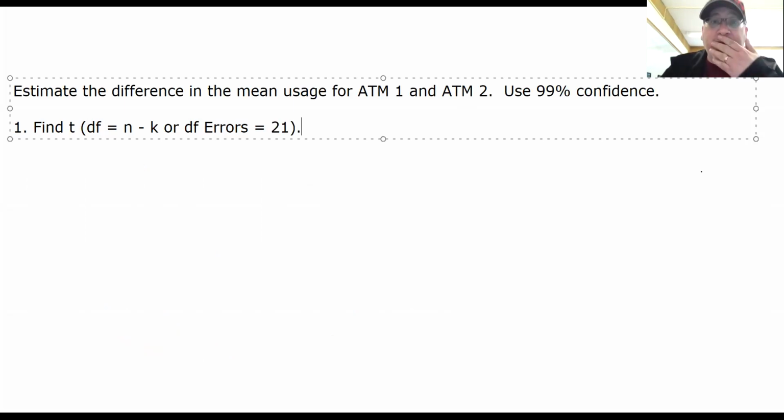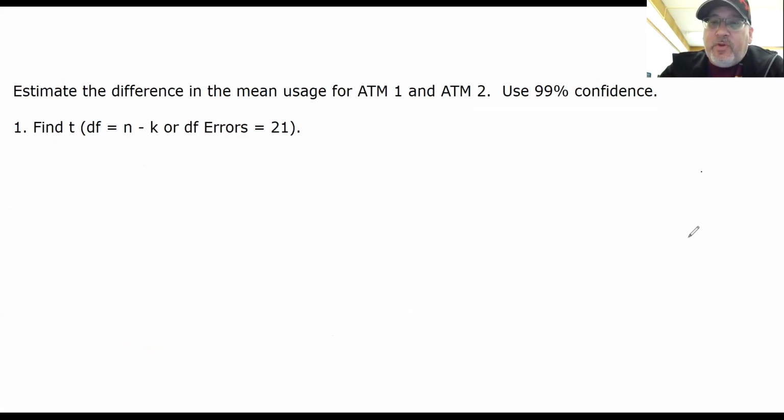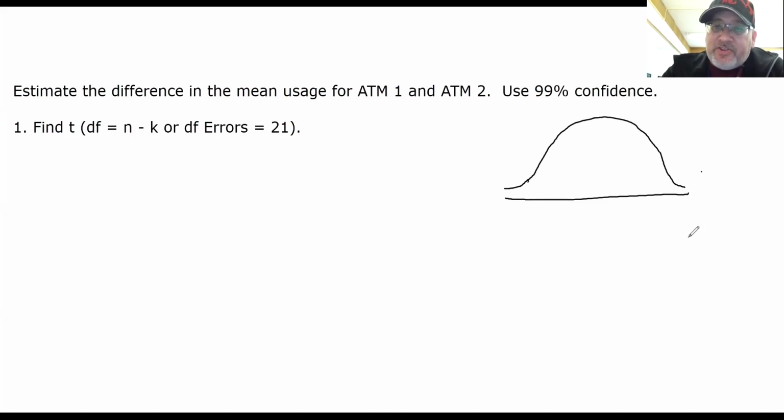It just dawned on me I didn't give a confidence level. I did, 99% confidence. So let's draw the bell curve associated with this. Confidence level represents the middle area of a bell curve. Since we're using T, we're going to find the right tail area because that's what our T chart tells us.